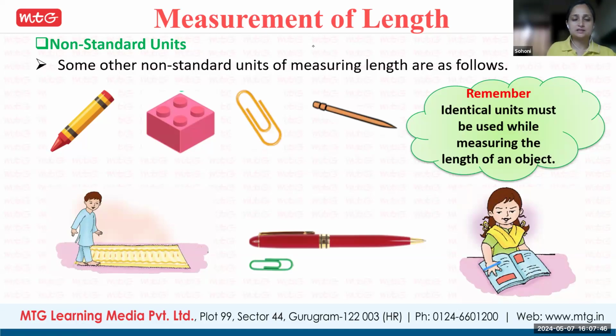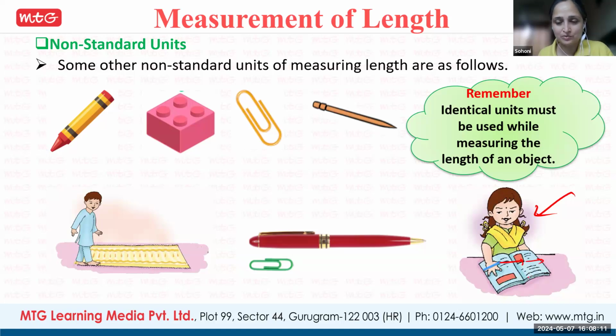Now, why these units are called non-standard? Because if you see, this girl is using her hand span to measure the notebook. Obviously, this girl is very small, little one, so her hand span will also be very small. If she uses it, it might be 1, 2, 3 hand spans of hers.